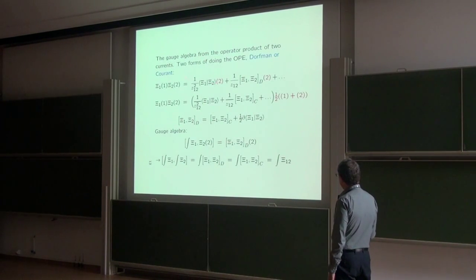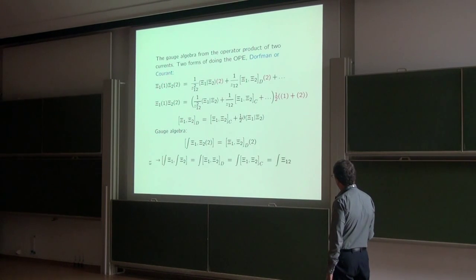You can do the OPE and you get a weight 0 object and a weight 1 object that must be a tensor, and that's what's called the Dorfman bracket. And if you do the OPE in the way that you express the fields as you do in conformal field theory around the second point, this is at Z1, at Z2, and you express these things at Z2, you get what are called Dorfman brackets.